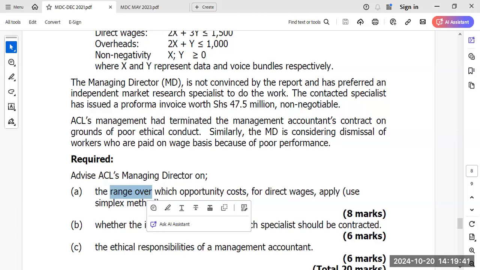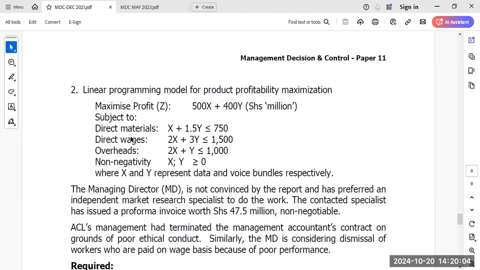But whenever a question asks you for range, this question must correspond to a certain constraint. You may have one constraint or two constraints. Like now you have only one constraint, that is direct wages. So let's analyze.